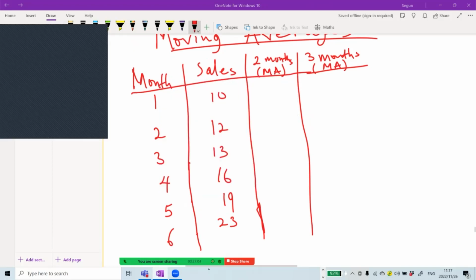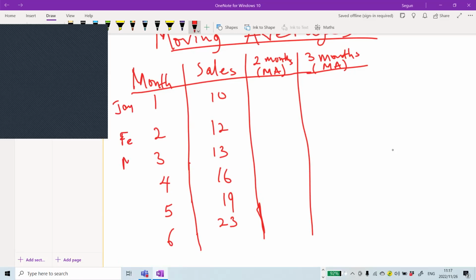So we have first month moving average. They can ask you to calculate. Let's say we are given month and sales, and under your month, probably we have January, February, March, April, May, June. Are you getting it?